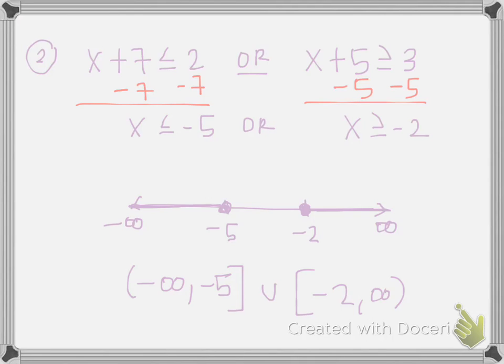Compound inequalities, where you need to get it when it's an and. So a compound inequality when it's an and means that you want to get the x by itself in the middle.